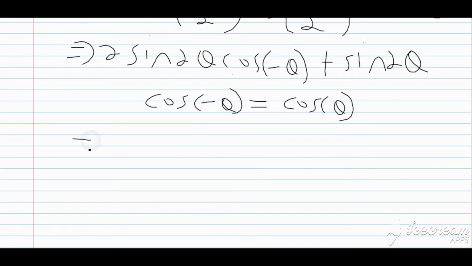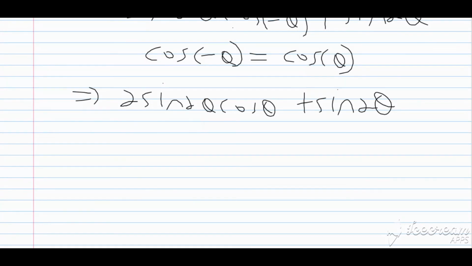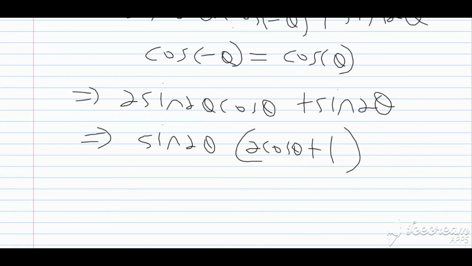So this gives me 2 sine 2 theta cosine theta plus sine 2 theta. Now, just like how we normally apply our algebraic skills, notice that sine 2 theta is common, so I can factor that out. I'm going to have sine 2 theta, which leaves me with 2 cos theta plus 1, which is exactly what I want. So the left-hand side is equal to the right-hand side, and the proof is over.